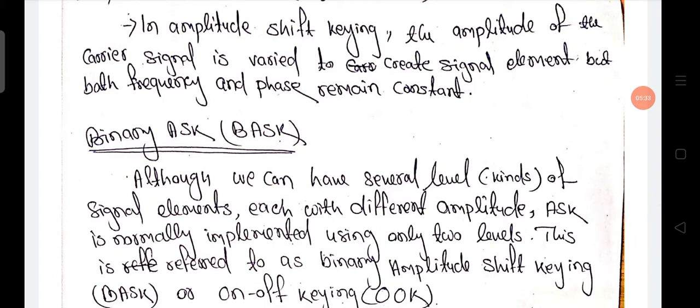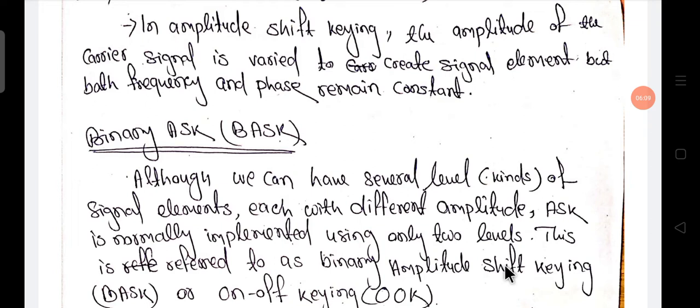Now let us see what binary ASK or BASK is. In binary ASK, we use the concept of ASK for binary conversion. Although we can have several levels of signal elements, each with a different amplitude, ASK is normally implemented using only two levels. This is referred to as binary amplitude shift keying.